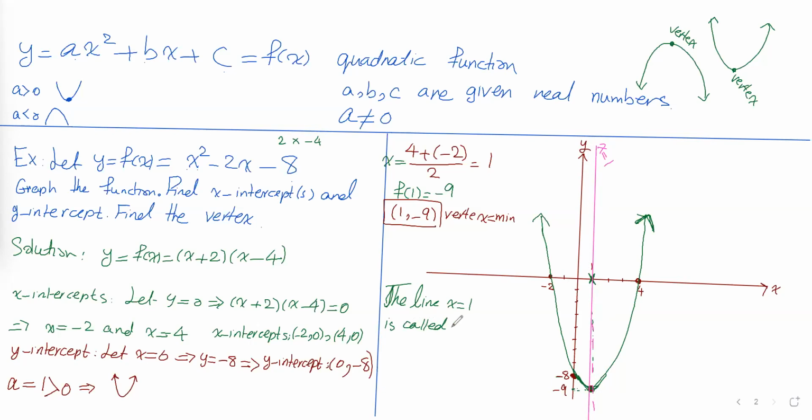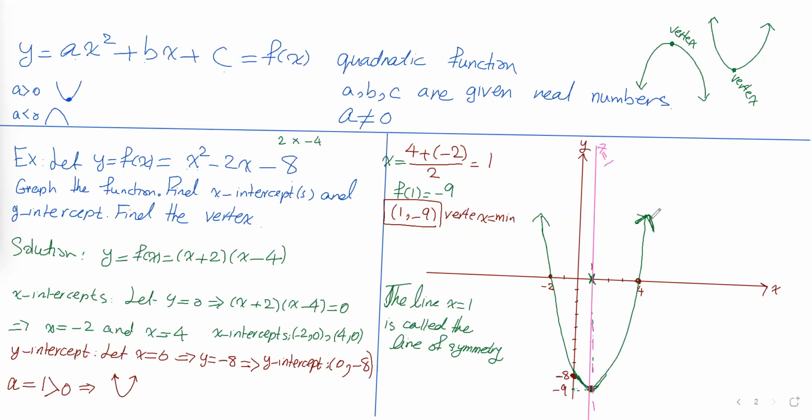Can anyone tell me why? X equal to 1 is called the line of symmetry because your parabola is very symmetric with respect to this line. Half of a parabola is to the right of this line and half of a parabola is to the left of this line, and it's very symmetric.